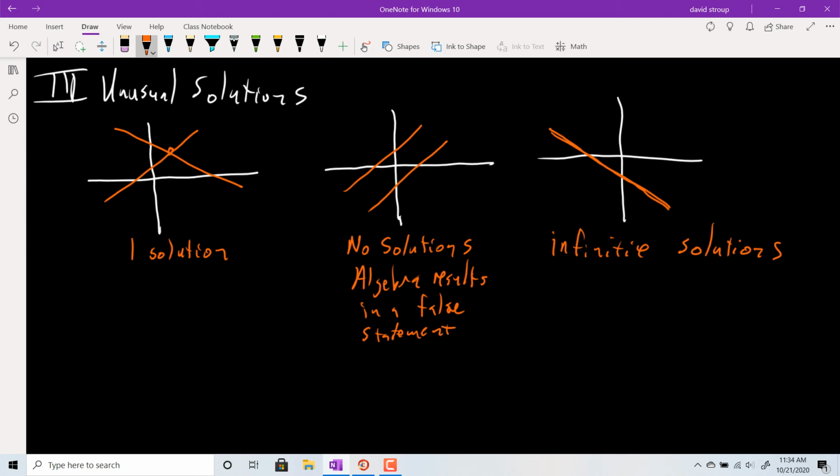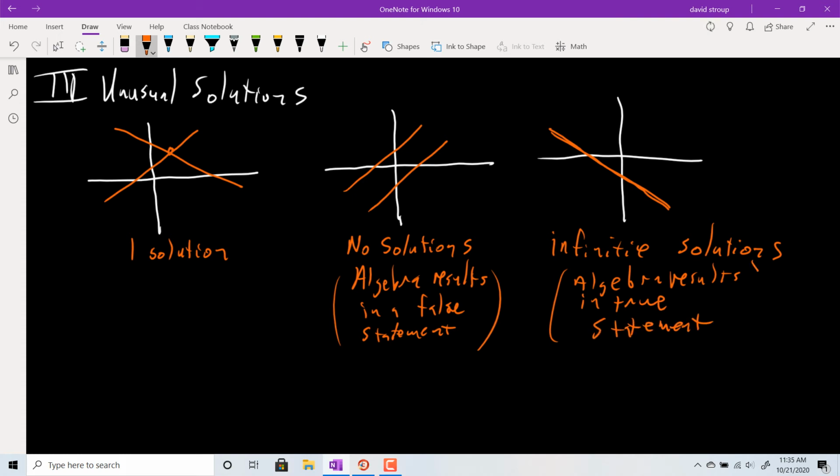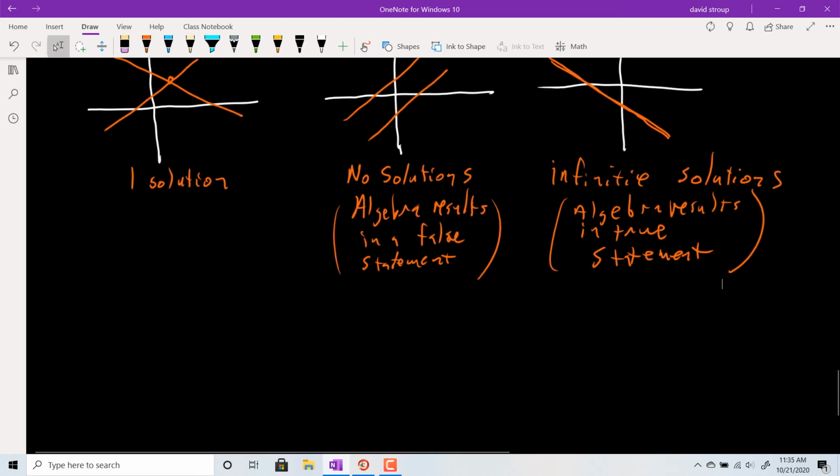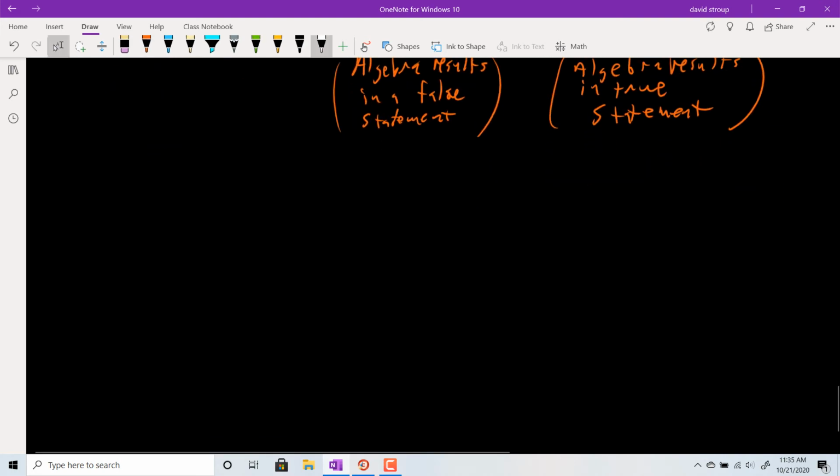For example, like 0 equals 3. Okay? And then for the infinite solution case, the algebra results in a true statement. For example, 3 equals 3, or 0 equals 0. Okay, so we want to go through and look at an example of each type.